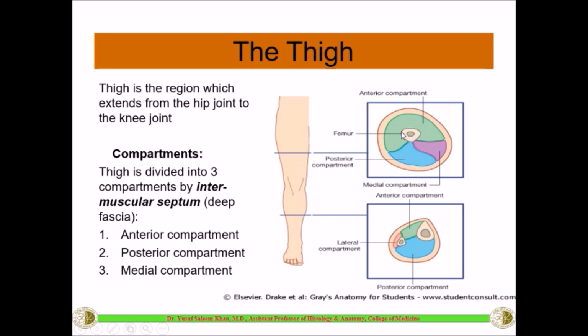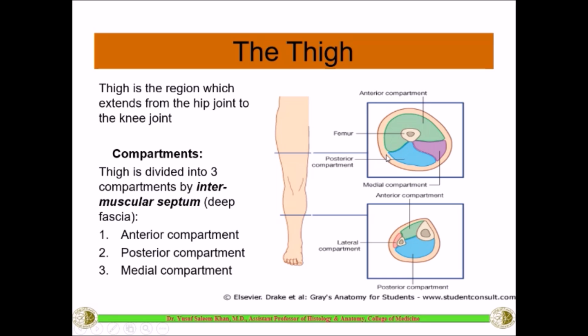Okay, so when we see the thigh, for the simplification of the study, we divide it into three compartments: the anterior compartment, the posterior compartment and the medial compartment. These compartments are separated by a modified deep fascia which invaginates inside between the compartments.